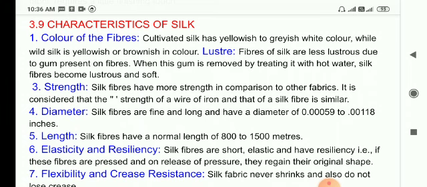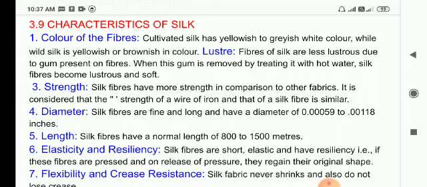Next, the diameter. Silk fibers are fine and long and have a diameter of 0.00059 to 0.00118 inches. Next characteristic of silk is length. Silk fibers have a normal length of 800 to 1500 meters, and in some cases it may be a little longer.